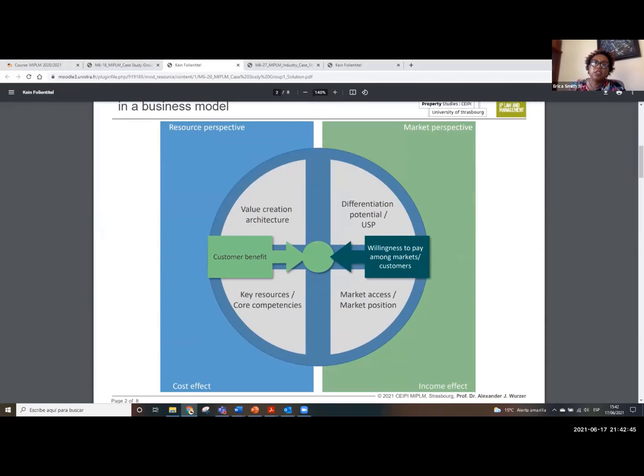Okay, so a firm's business model comprises two perspectives, and I'll be speaking about the resource-based perspective, which looks internally at the organization and the use of its resources to establish sustainable competitive advantages.